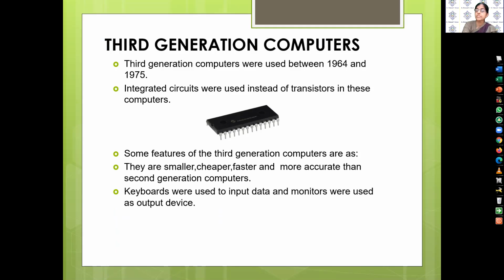So in third generation, keyboards were used to input data and monitors used as output device. Now some examples: IBM 360, ICL 1900 and VAX 750. So these are some examples of third generation computers.